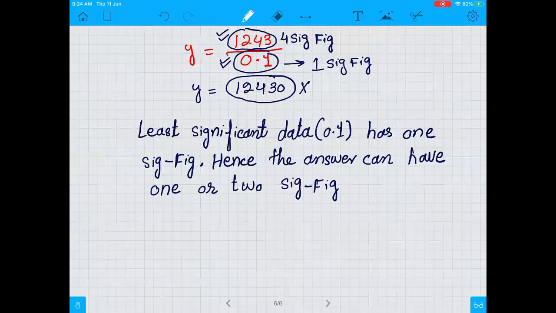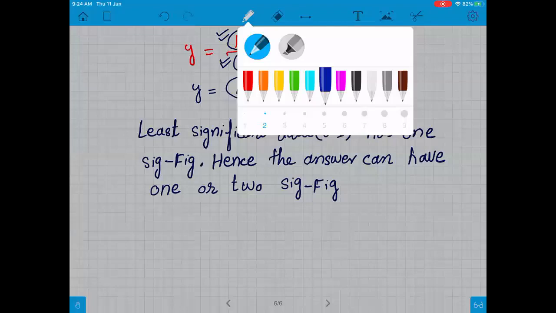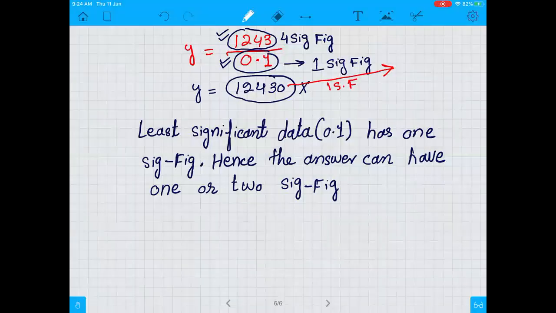So your answer, if you want to write it correctly, you have two possibilities. If you write it up to one significant figure, it would become 1000, that is 1 followed by 3 zeros. And if you write it up to two significant figures, it would be 1, 2, and all the zeros.